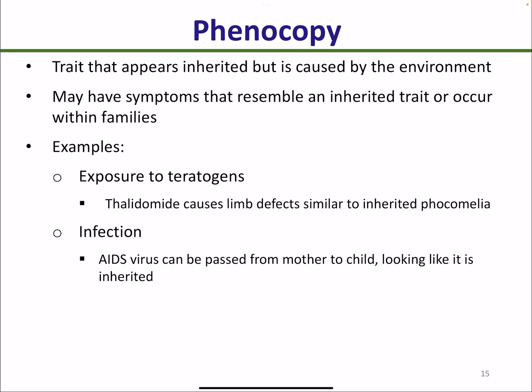Then we have the phenomenon of phenocopy. What is phenocopy? This is the case of traits that appear inherited, but in reality they are caused by the environment. Okay? So we are going to see some symptoms that look like they are being passed down from one generation to another, but really the trait appears because of environmental factors.